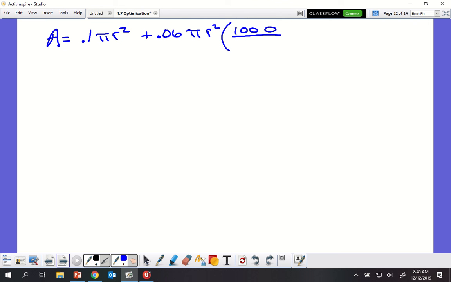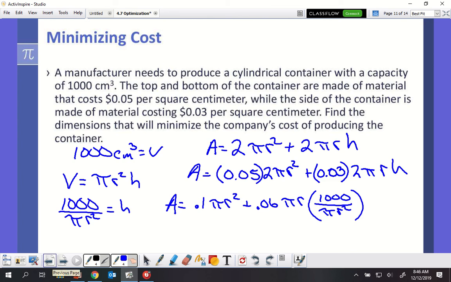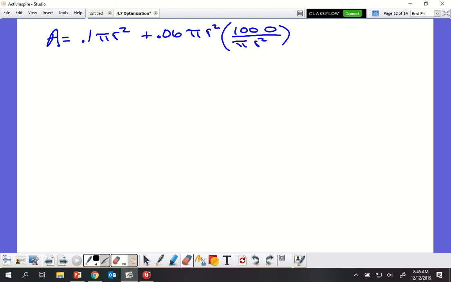So 0.1 pi r squared. This one's not a square. This one's not a square. Okay, so clean it up.